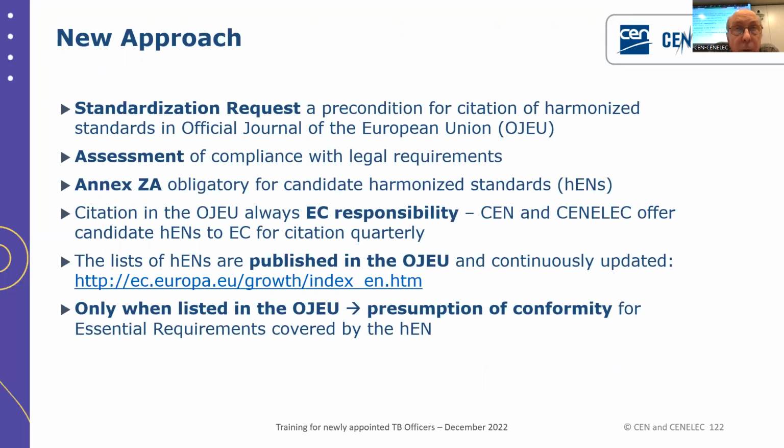There is a need to get a standardization request. There is a need, and there is your big question about the Ernst & Young, etc. We will come back on that. The assessment in order to get the compliance with the essential requirements of the directive, the content of the Annex ZA, the need to cite the standard in the OJE, and of course, this list of standards are published in the OJE, and it replies already to the question that you raised.